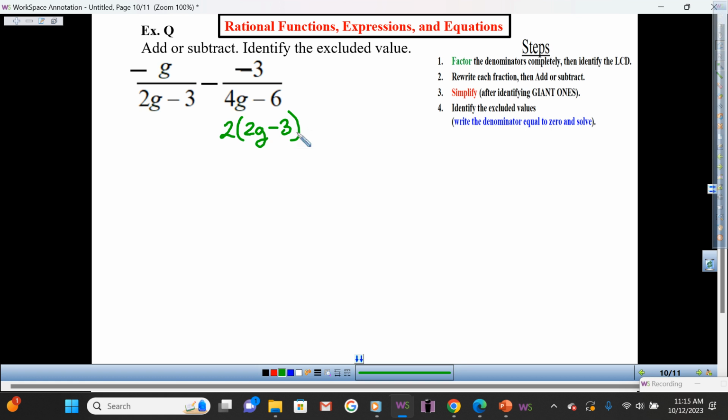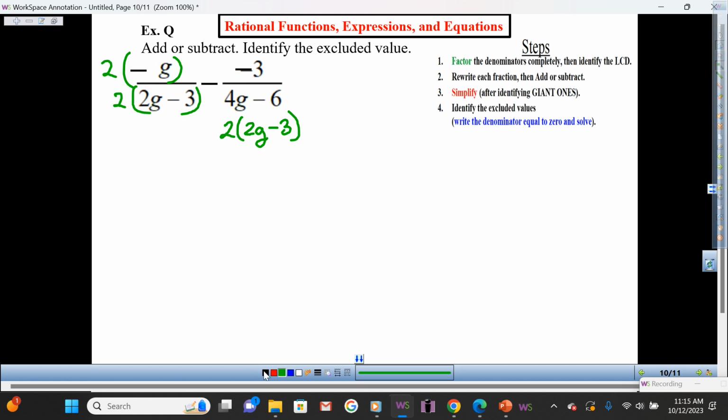All right. So, with that said, check this out. Question. What does the first denominator need that the second denominator has? The 2, right? So that means we need to multiply this times 2 and the numerator times 2.